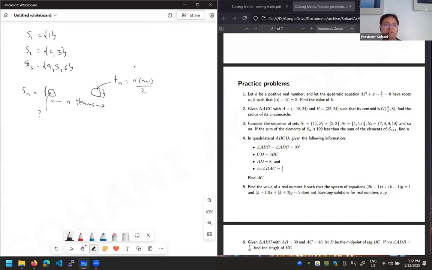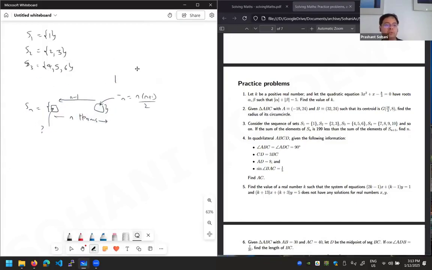So there are two ways to find the first term. One is you take the last term and you subtract n minus 1, right? Why n minus 1? Because I hope you are not falling for the mistake of subtracting n. But if you go from the last term and subtract n minus 1, you will get the first term. Or alternately, this is where the previous Sn has just finished.